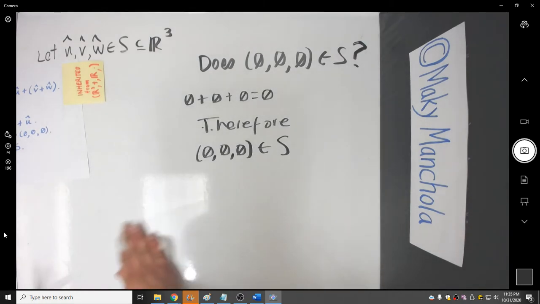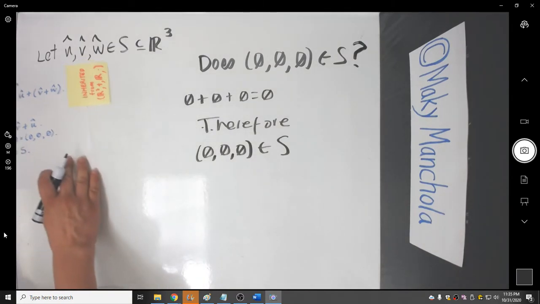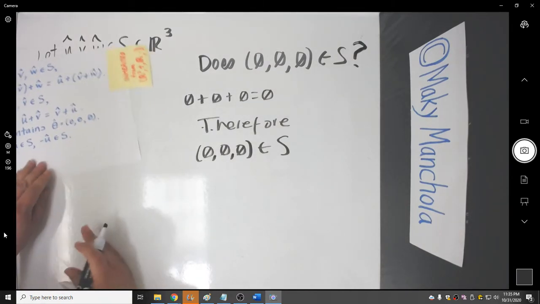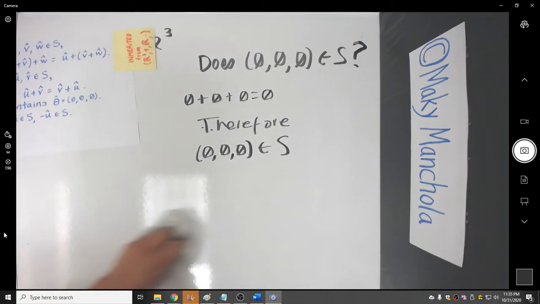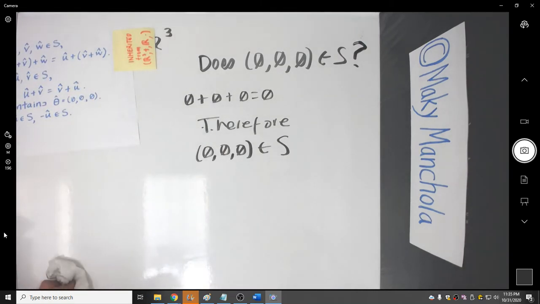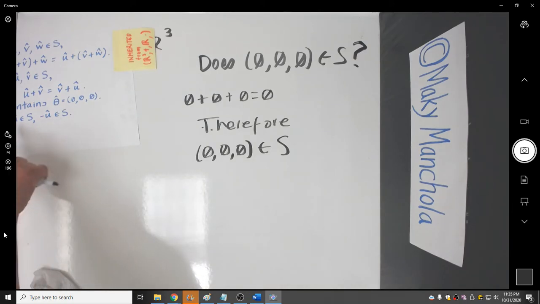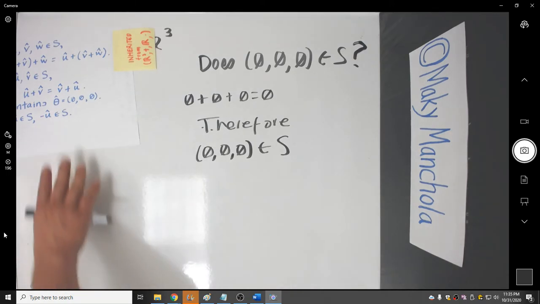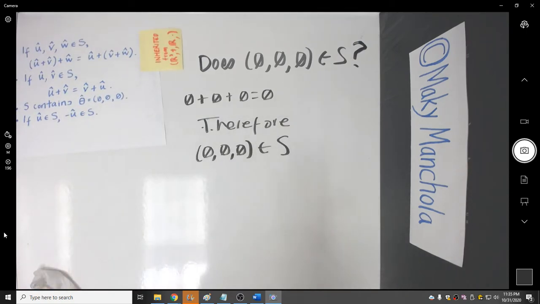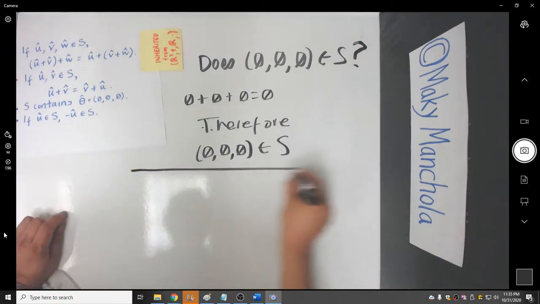Okay, now let's verify that when we pick an element of S, the negative of it is also in S. Once again, this property has to be confirmed, because if I have a set, in this case R3, and I take a subset of it, the subset may not satisfy this condition. So is it satisfied by our current set S?